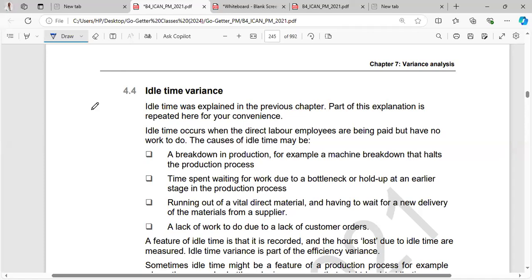Maybe there's a bottleneck in a particular production. Say there is a production process whereby process one, process two, and process three, and maybe there is a queue in process two. Because there's a queue in process two, it is the bottleneck. It is the one that is going very slow.